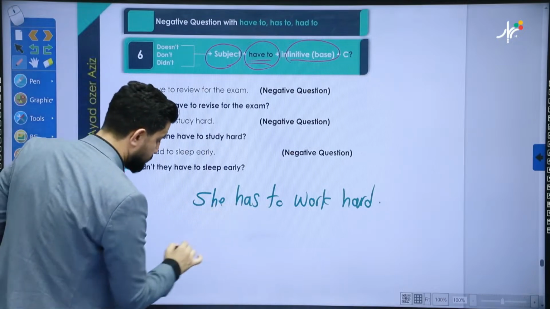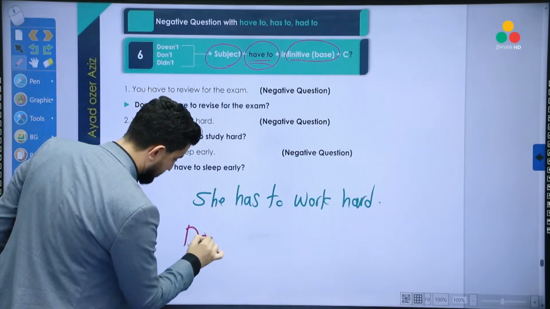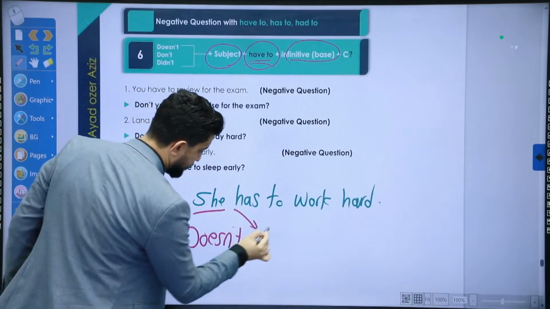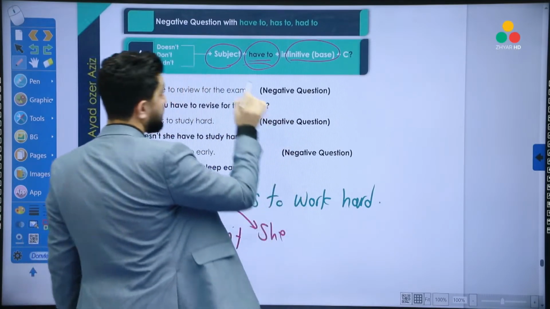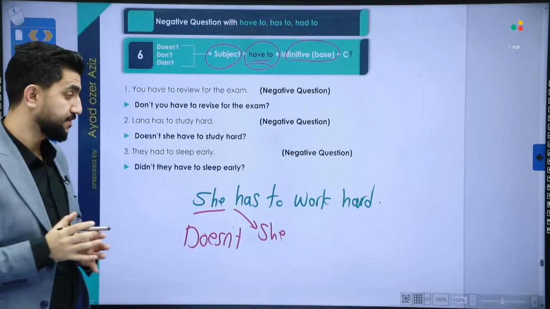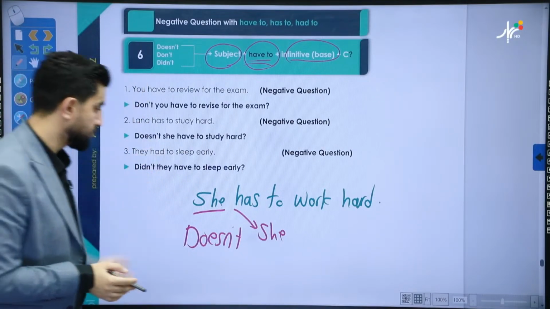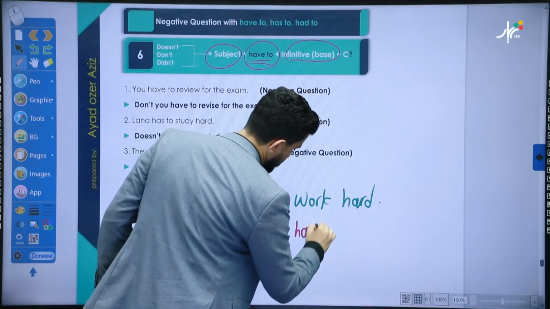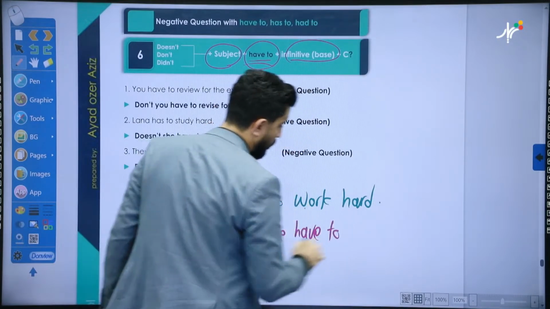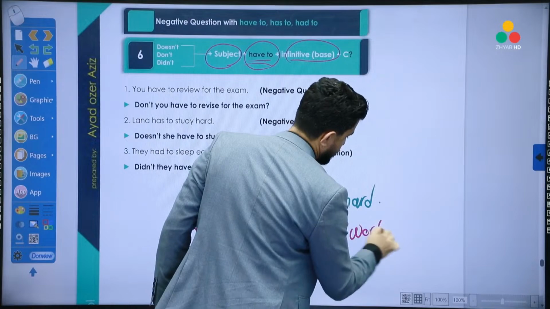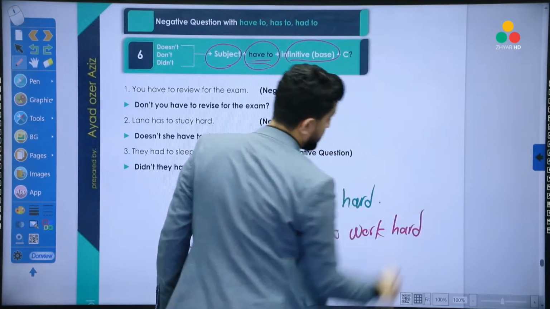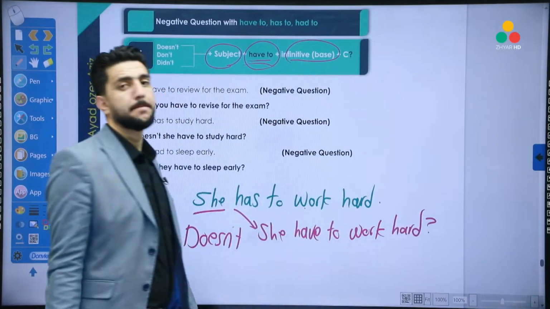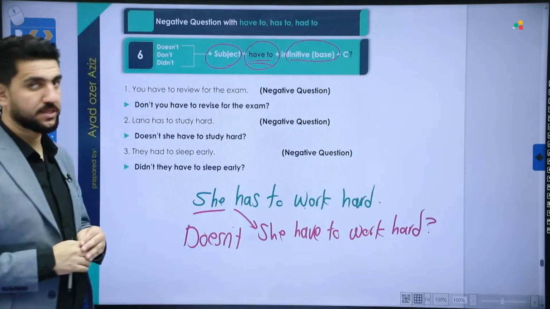Since we have has, we need doesn't, right? Okay, doesn't she? And if you remember, we said we use have to for all the negative question forms when it comes to have to, has to, had to. So we say, doesn't she have to work hard? Doesn't she have to work hard? Something is missing, which is the question mark. Okay, we do it like this.